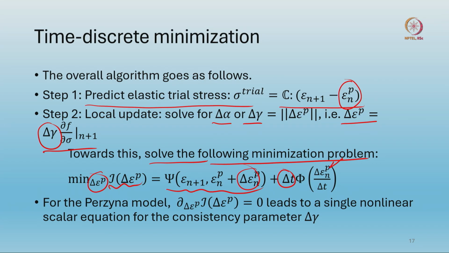For the Perzyna model, setting the derivative of script j with respect to delta epsilon p equal to 0 leads to a single nonlinear scalar equation for delta epsilon p, or in other words, through this relationship, for the consistency parameter delta gamma, the norm of delta epsilon p. It is a nonlinear algebraic equation in a single scalar unknown. So, you can solve it by the Newton-Raphson method, at every Gauss point. That is the requirement.